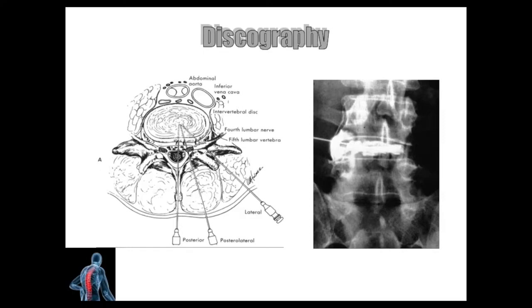But for that, we should put a needle inside the disc. We can use different approaches, but this one, the central one, is very, very dangerous as for me. So I prefer to use a lateral transforaminal approach from the lateral side, and after that you can inject the contrast solution.